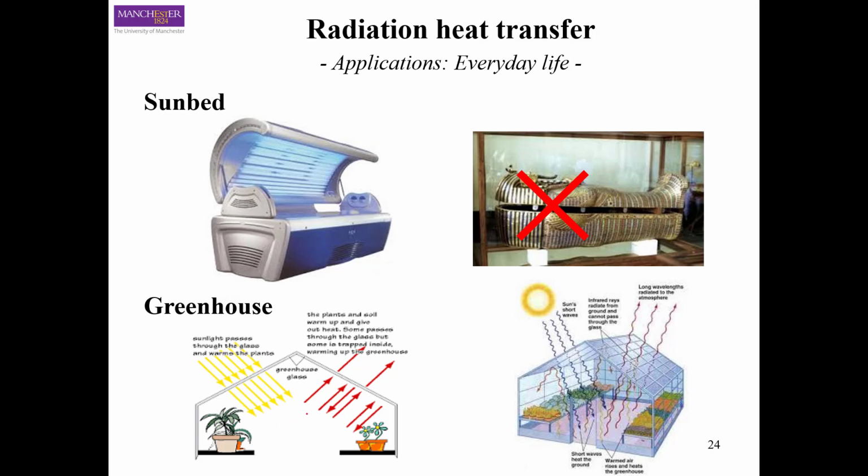Because of the wavelength change, the property of this glass material to absorb and emit these radiations changes as well. So the glass is going to absorb a lot of energy and only transmit a fraction of that. This is another way of playing with the emissivity and absorptivity of your system to use it to your advantage, and in this case to grow plants.